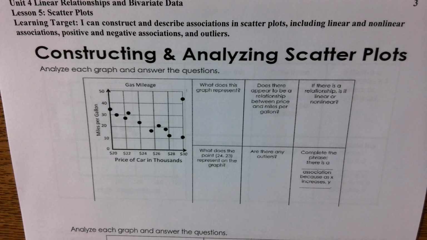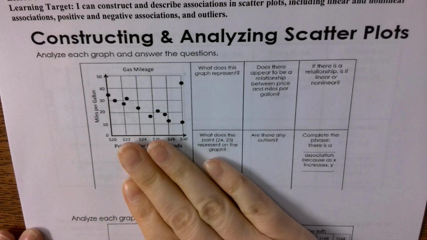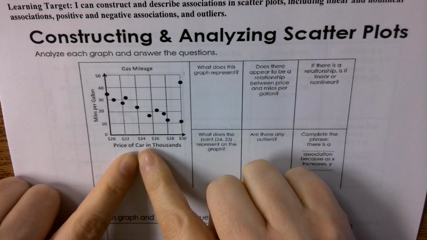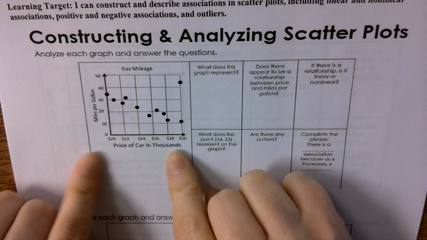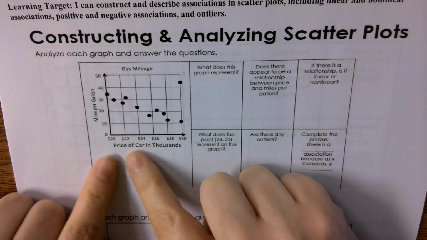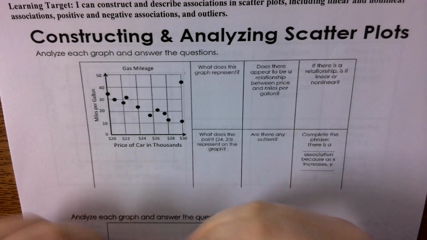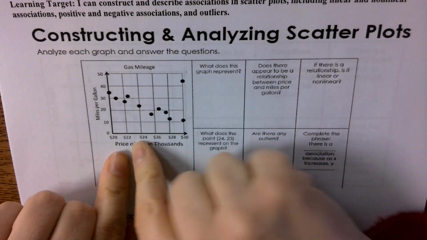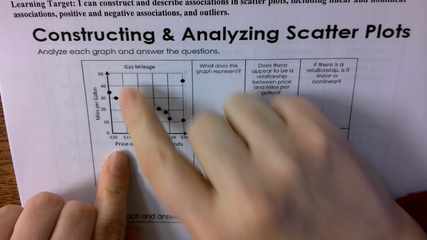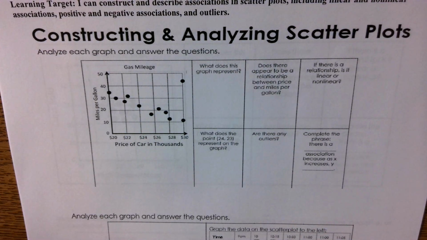So you do need to make sure that you are reading through and looking at what your axes are labeled as. So your x-axis in this case is the price of cars in thousands of dollars versus the amount of miles per gallon that the car is going to have.